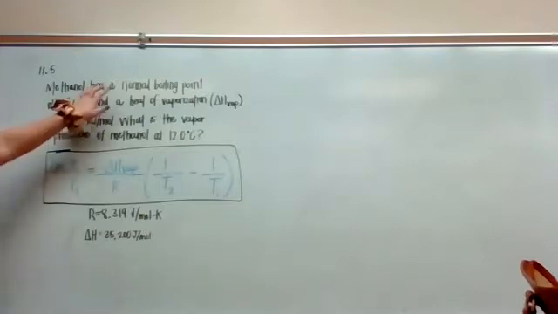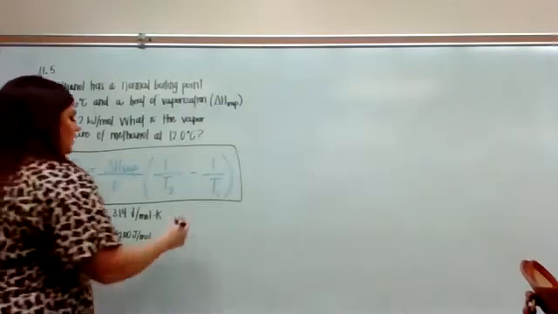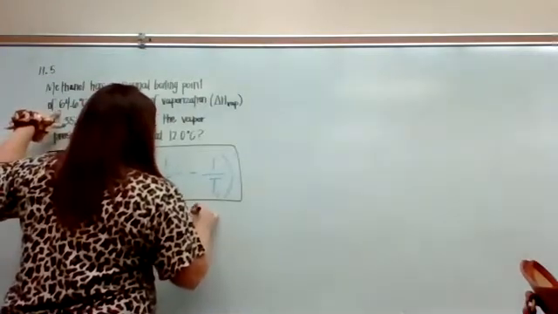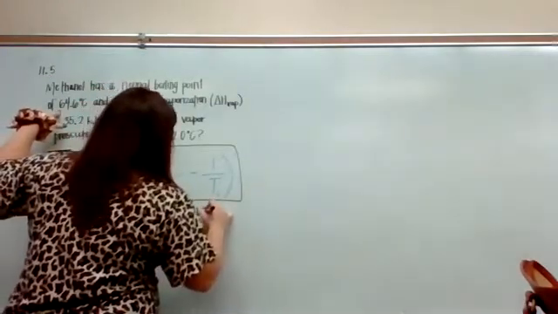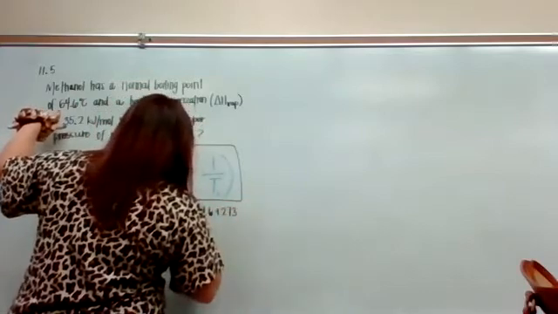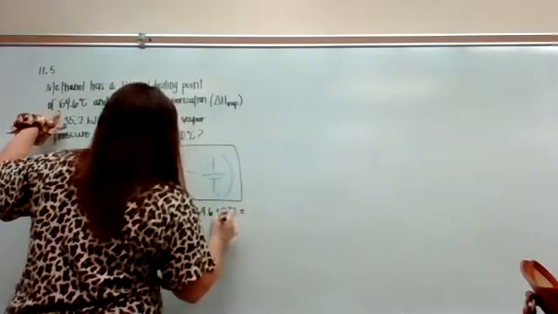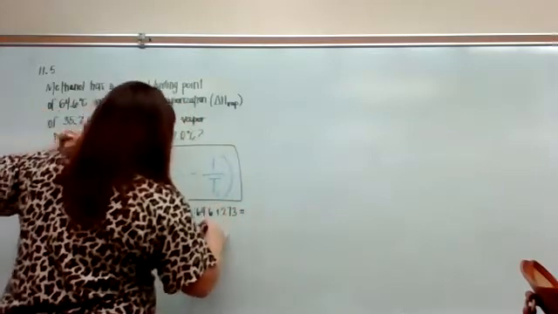So we'll do the normal boiling point as our T1 and our P1. So T1, 64.6 plus 273. What is P1 then? It's the normal boiling point, 1 atmosphere.